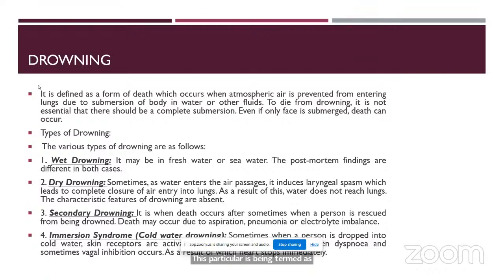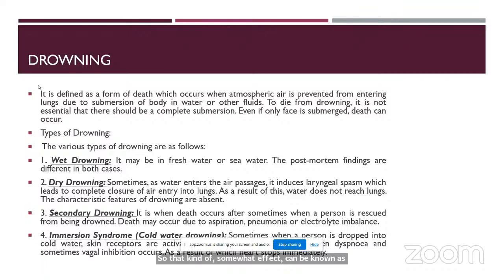What else we can find as an external finding is washerman's hand. Now, what is washerman's hand? If you have noticed, if our hand is frequently kept in water, it gets a pale, bleached effect, so that kind of effect is known as washerwoman's hand.